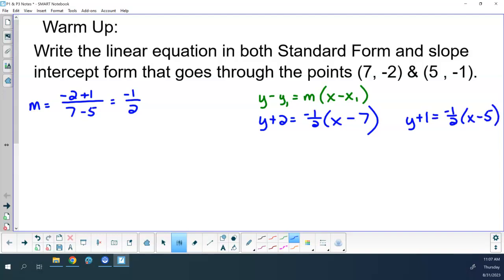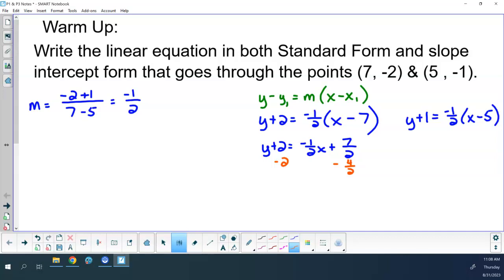So then if I distribute, that would be y plus 2 equals negative 1/2 x plus 7/2. I need to move that 2 over, so I'm going to subtract 2 from the left side, but because I have to have common denominators, I'm going to subtract 4/2 on the right side. 4/2 is still 2.